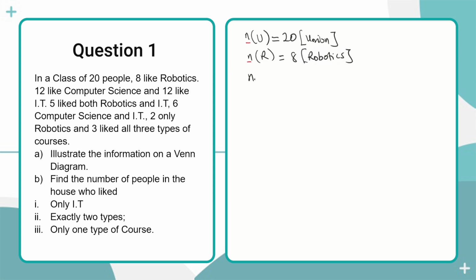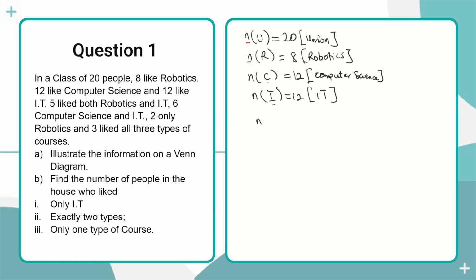Then we have the number who like computer science, n(C), which is 12. And then n(I), because we have IT as well, and they are 12. So we've described all 3 terms here: robotics, computer science, and IT.